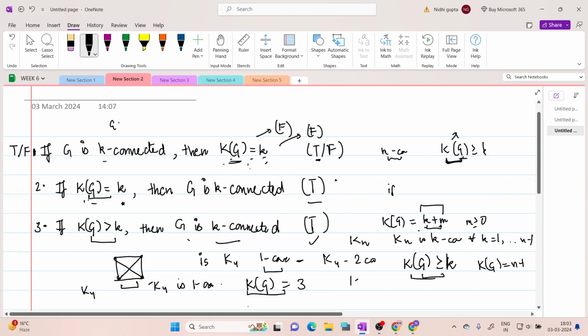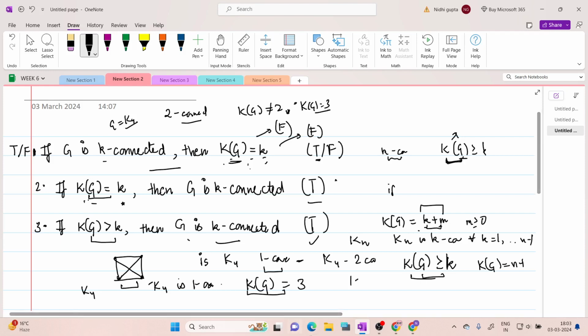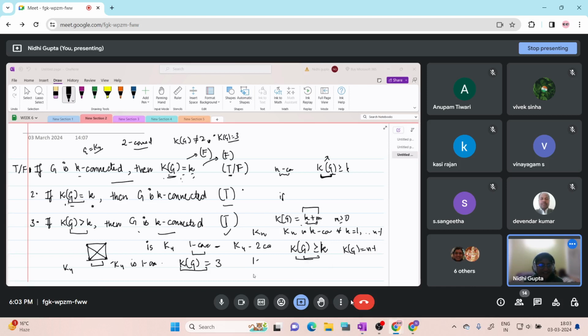But in our case, if we take G equal to K4, we know that it is 2 connected, but vertex connectivity is coming out to be not equal to 2; it is 3. So this statement is not true. If a graph is k connected, at most what we can say is that the vertex connectivity will be greater than or equal to k. That is always true, but it need not be equal to k. Is this doubt clear now?